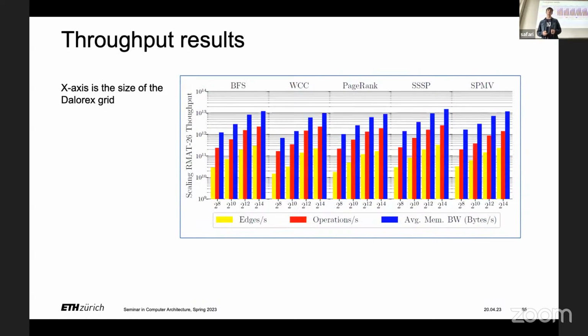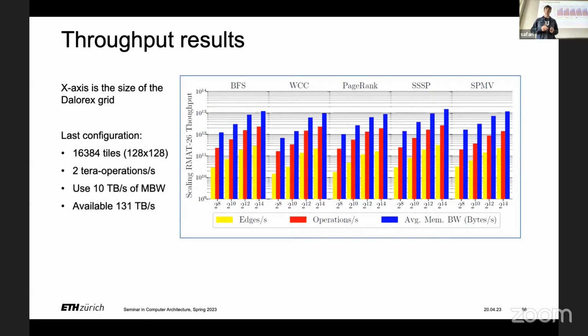Moving on with the throughput results. These are the throughput results. As you can see, when you are going to scale the size of your computations, you're simply going to be able to compute everything. For example, the very last configuration in this graph has 16,000 tiles.